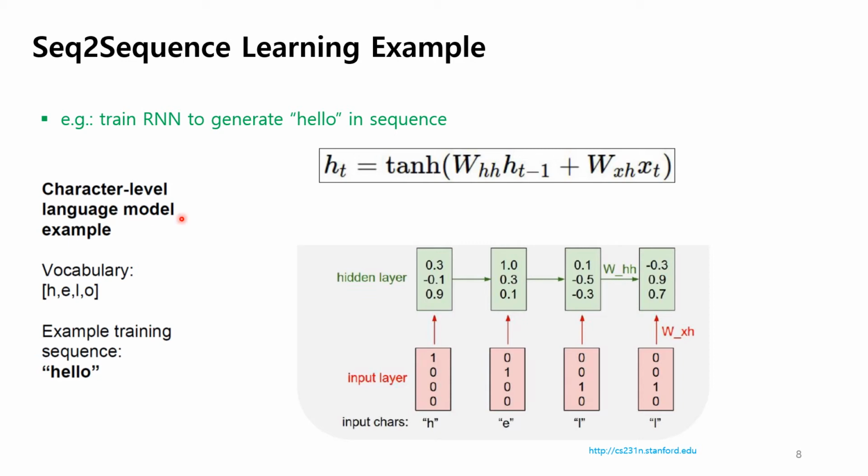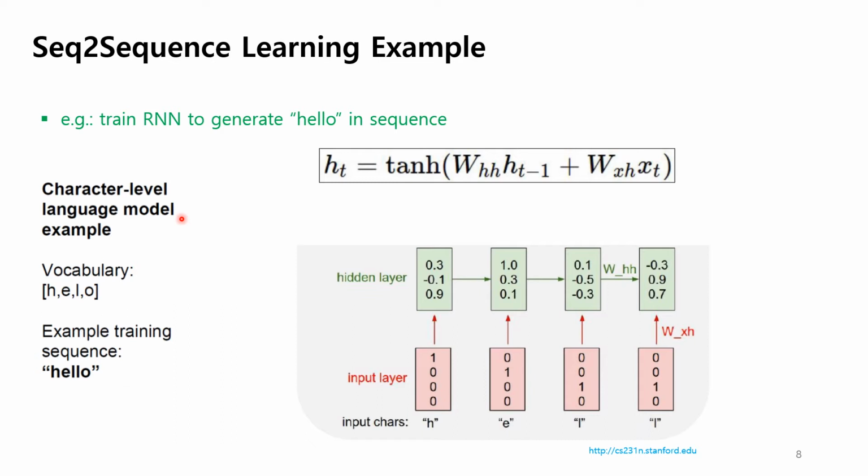A language model, in general, predicts the next word in a sentence using the previous words you already generated.